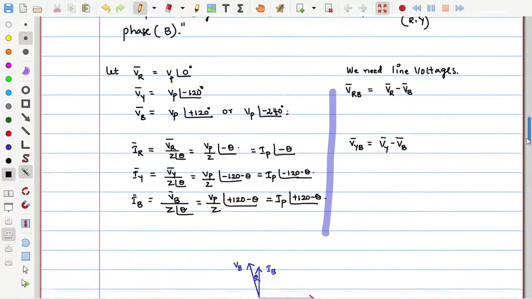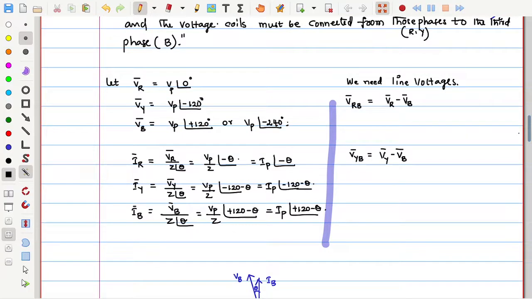Now we already know VY, VB, etc. So if you substitute these over here, you will get root 3 times VP at an angle of plus 30 degrees. That is what I said, line voltage leads the phase voltage by 30 degrees. Just substitute and cross verify whether you get this or not.